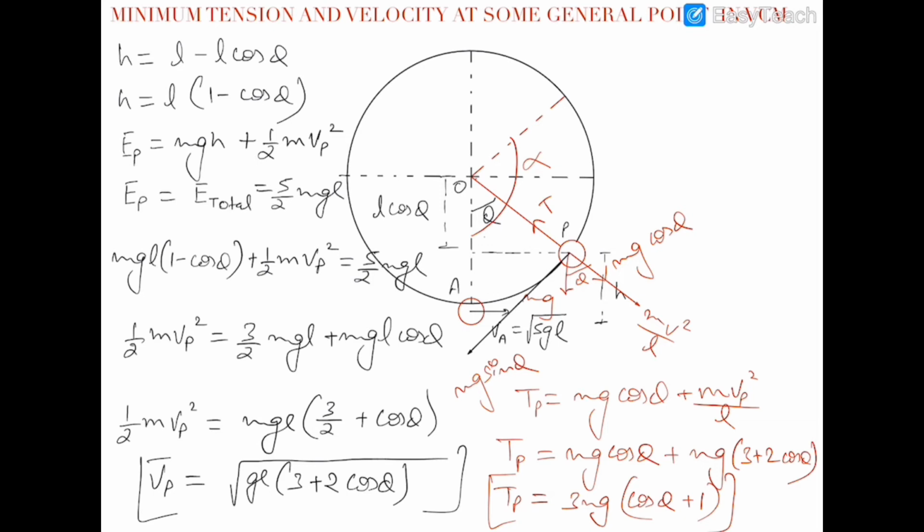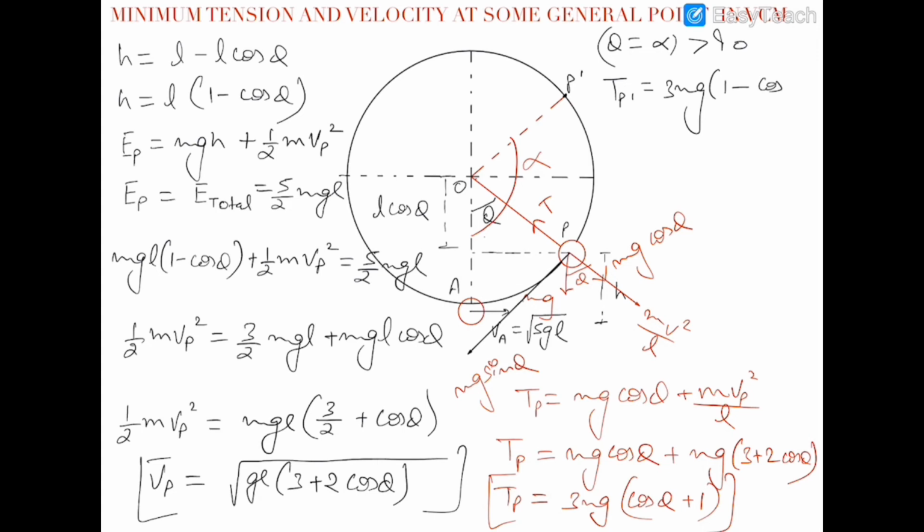If this angle is greater than 90, then cos theta for obtuse angles is negative, and therefore the tension at some position P dash, if theta is equal to alpha and it is greater than 90, will be equal to 3 mg(1 minus cos alpha).